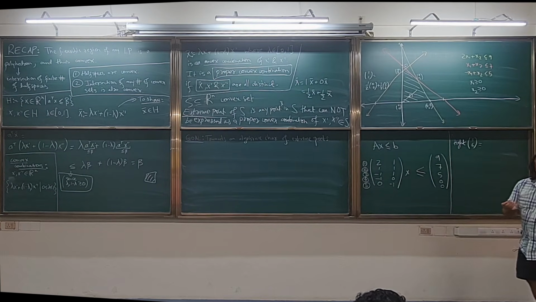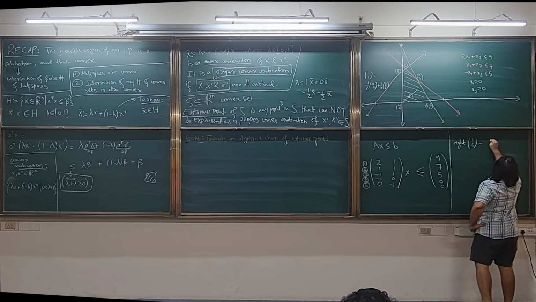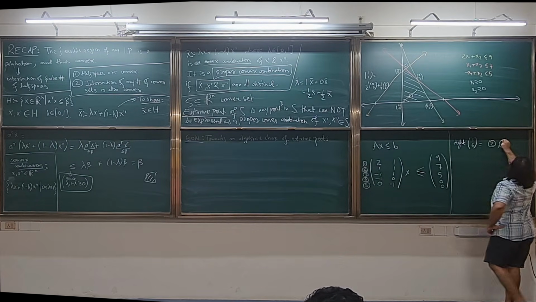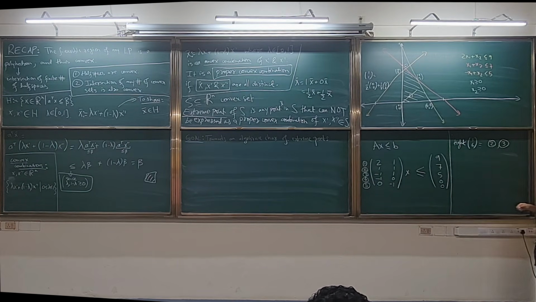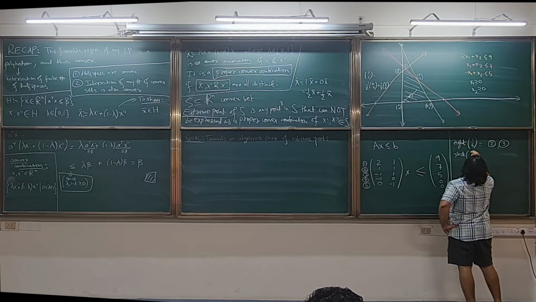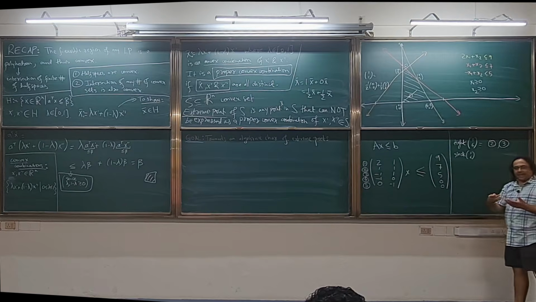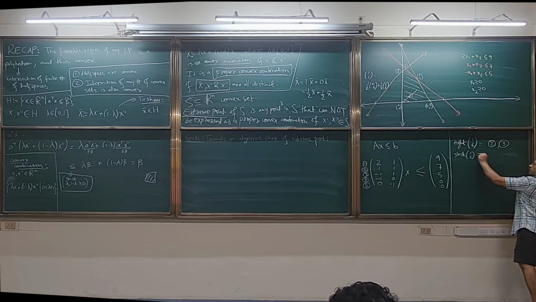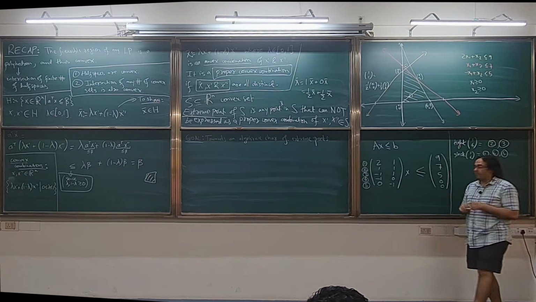Is it 2 and 3? 2 and 3 are tight. These are the tight constraints of 1, 6. And the others are slack. There is some slack here. So these are exactly 1, 4, and 5.